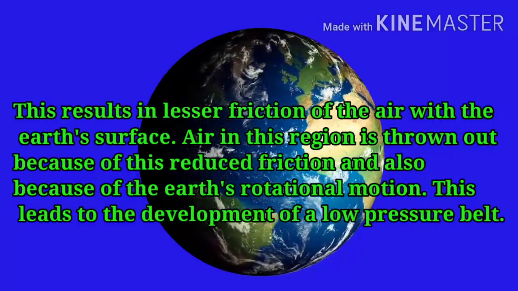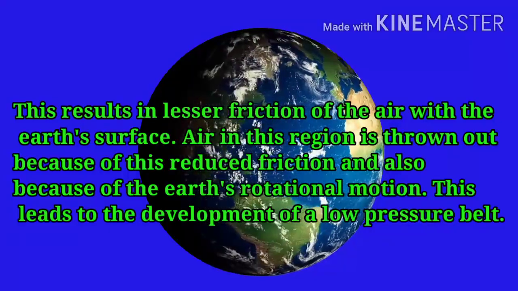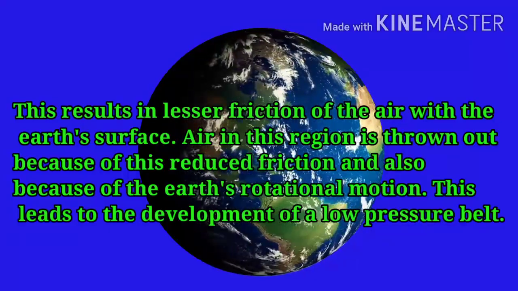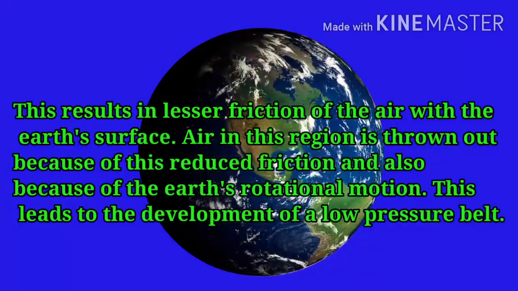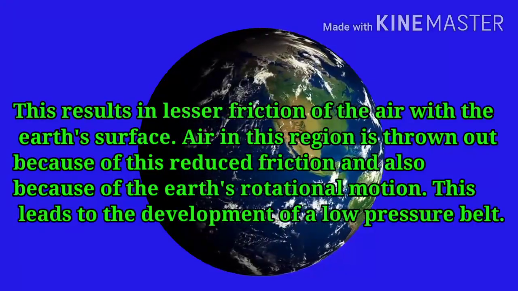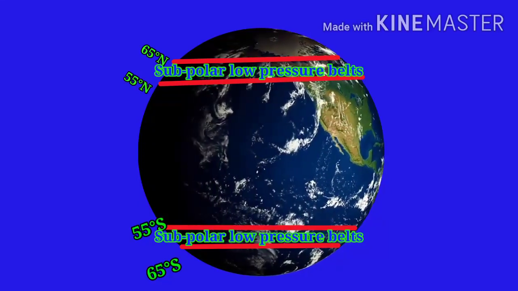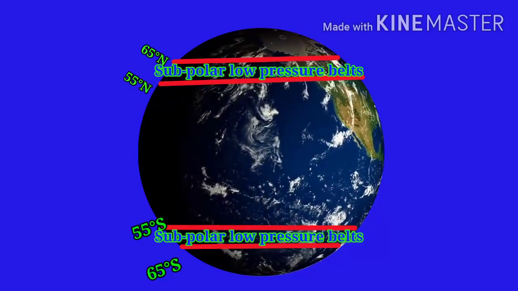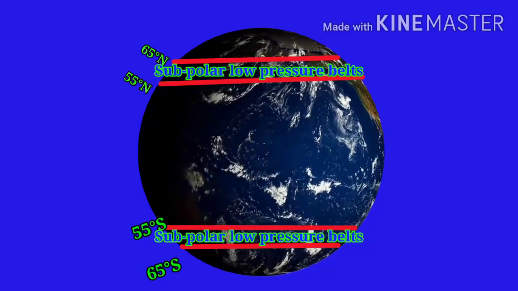Air in this region is thrown out because of this reduced friction and also because of the Earth's rotational motion. This leads to the development of a low pressure belt. This condition is observed in the area between 55 degree and 65 degree parallels in both the hemispheres.